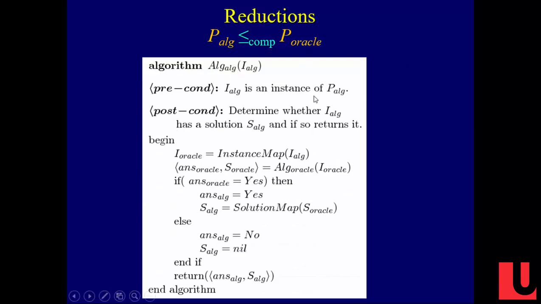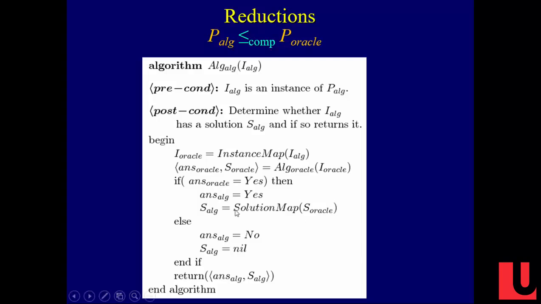Here's the code, right? The code for this problem here. I'm given an input for this problem, right? What is it? It's an input to that, and I'm supposed to determine whether or not it has a solution, right? So what do I do? I take my input, I map it over to an input to the oracle, I give it to the oracle, she says yes or no, and if the oracle says yes, maybe she'll be nice and give me the solution, in which case she's a fairy godmother.